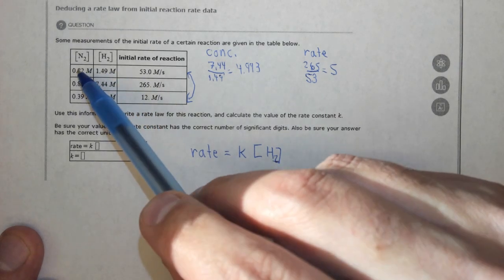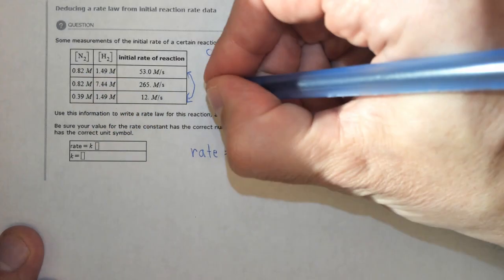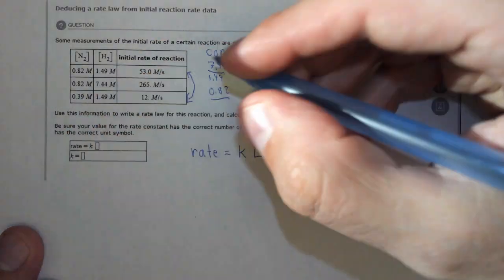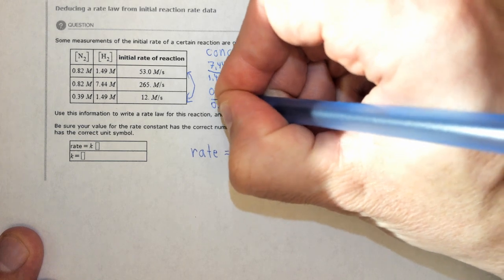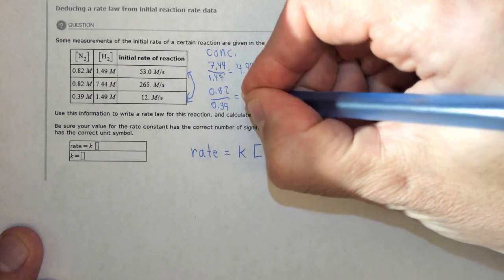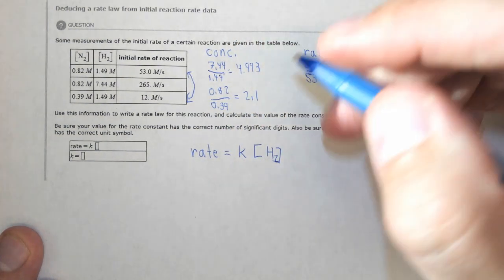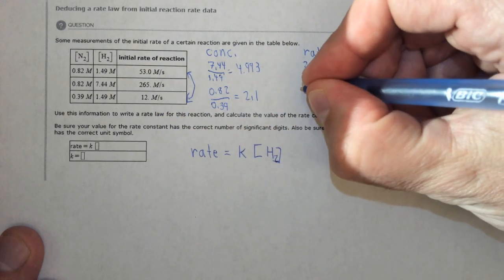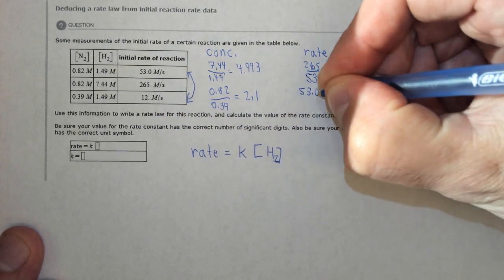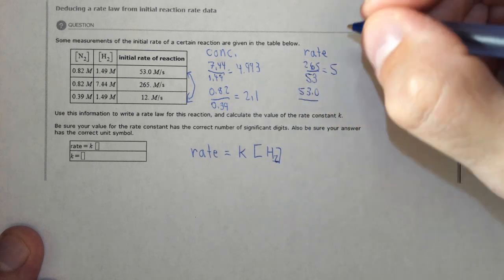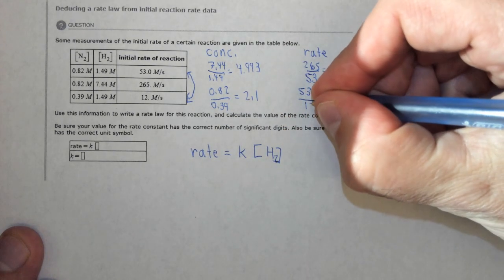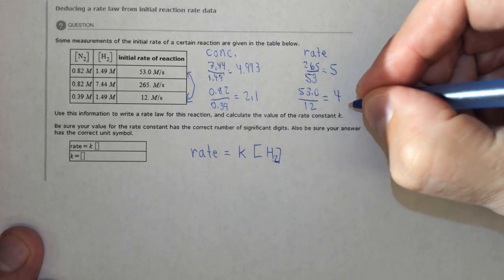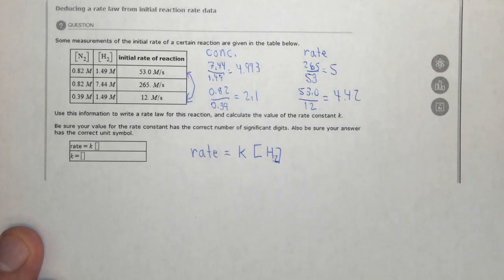So again, I like to put the bigger number on top. So I want to put the 0.82 on top, the smaller number on the bottom, 0.39. And when you do that math, you get about 2.1. Now, for the rates, I want to put the 53, the larger one, on the top, and the 12, the smaller one, on the bottom, and I get 4.42.